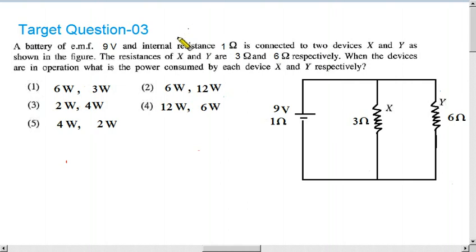Children, here is our next target question number 3. So start solving it without watching my video. Carefully read the question and honestly try to solve it without watching my videos.